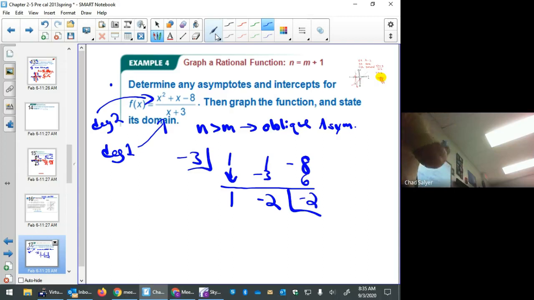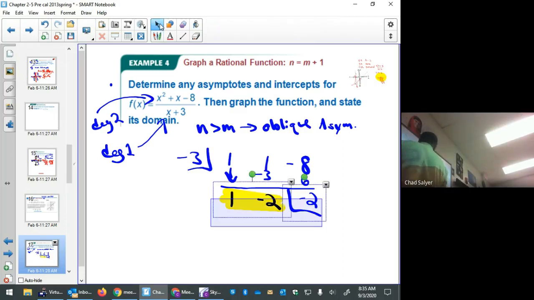When we are finding the oblique asymptote, we don't give a hoot about the remainder. Don't even care. All we care about are the coefficients of the quotient, because that quotient is our oblique asymptote without the remainder. So cast the remainder away.